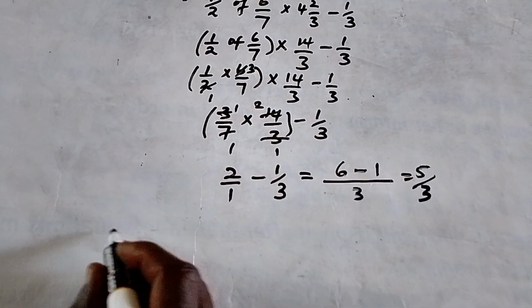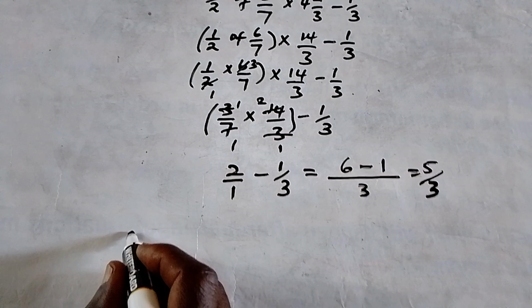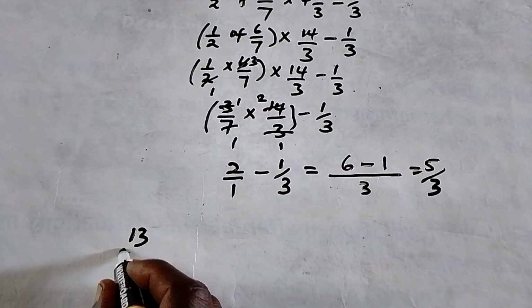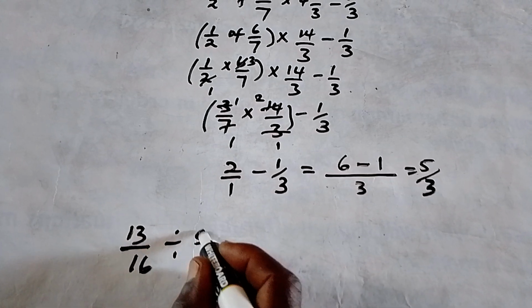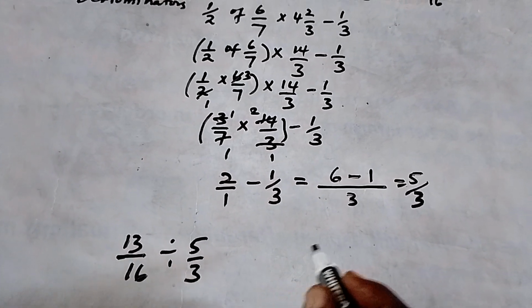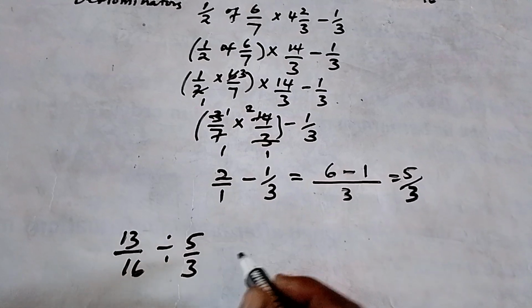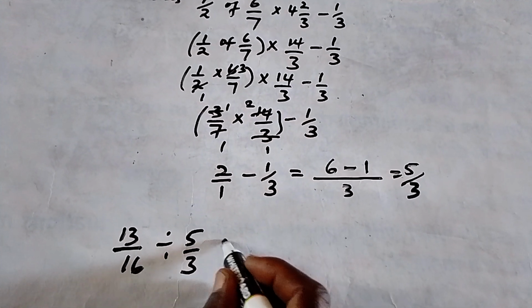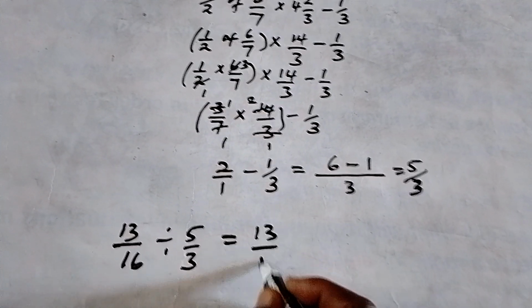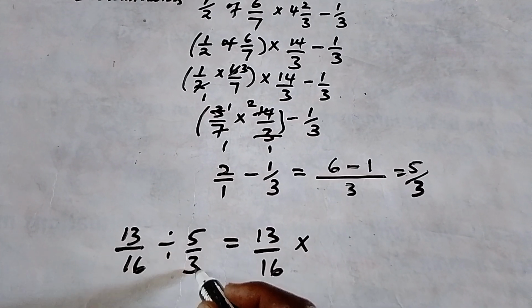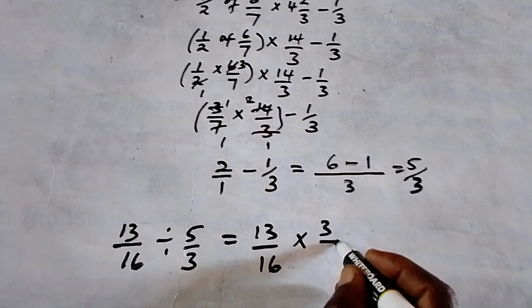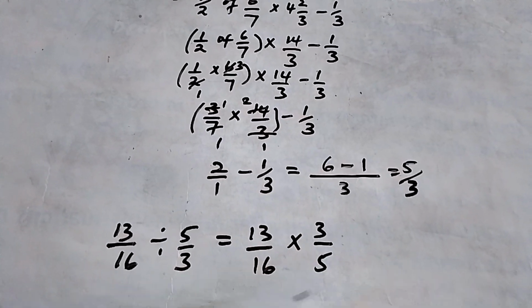We proceed. So we have the numerator, which is 13/16, divided by 5/3, since the fraction bar means division. So this gives us 13/16 multiplied by the reciprocal of 5/3, which is 3/5.